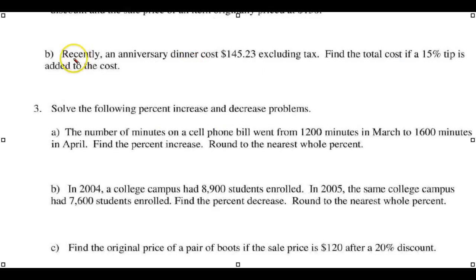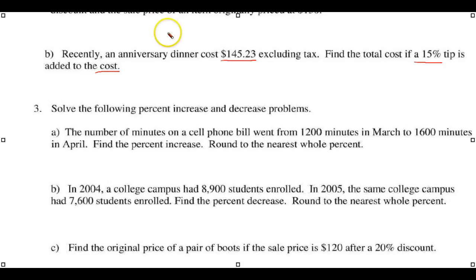Now in example B, you go out and have a dinner that costs this much, not including the tax. But a general pattern is to leave a 15% tip added to the cost.